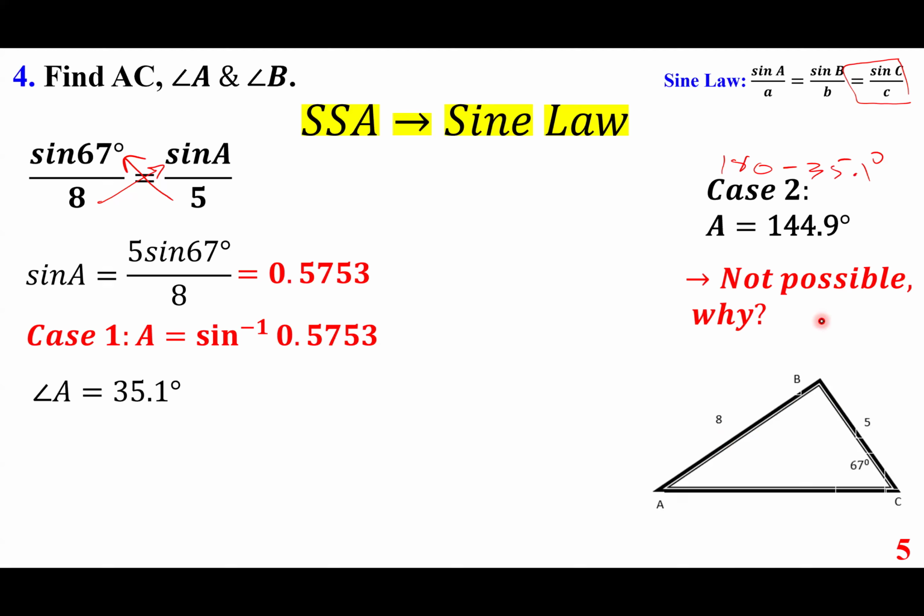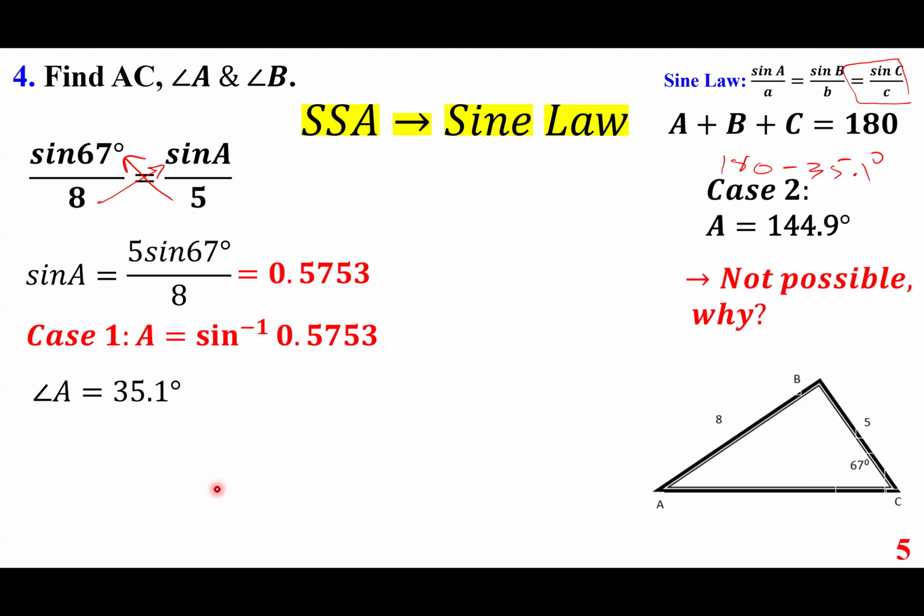Well, A, B, and C must add up to 180. If you look at this one, 67 and 144.9, this is going to go beyond 180. That's why we don't have the second one. We just want to continue with case one only.